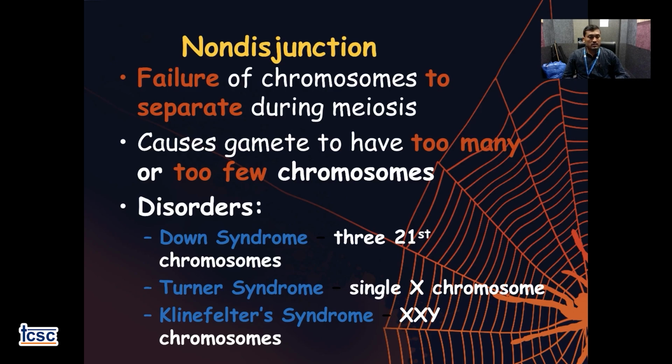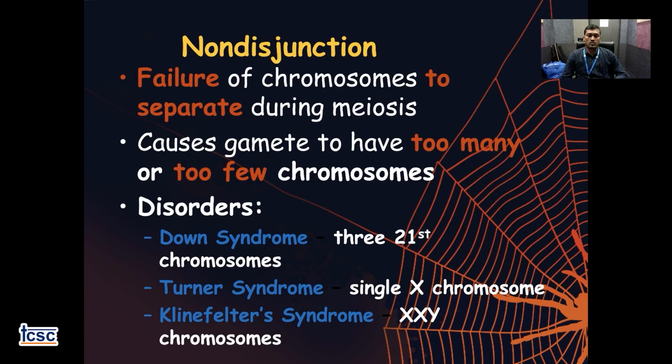Next example, Turner syndrome. Turner syndrome is a single X chromosome. As you know, how many types of chromosomes are there? Two types: number one, autosome, and number two, allosome. Allosomes are also called sex chromosomes. XX is present in the female and XY is present in the male.